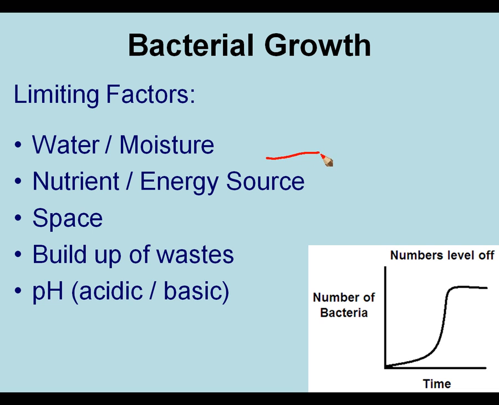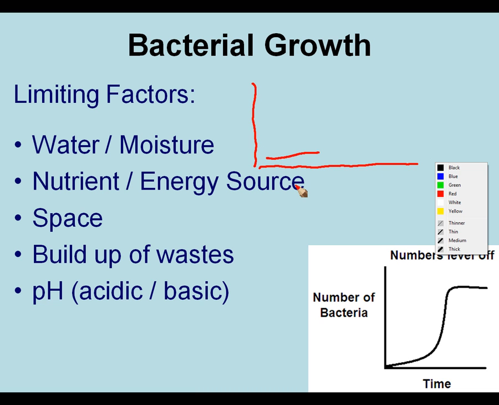And usually we graph the number of bacteria down the left, and along the bottom we'd have time, just like my graph in the corner there. So the first phase is what we call the lag phase, where bacteria grow really slowly, and essentially that's even if you put bacteria in perfect conditions, they have to first adapt slightly to those conditions.